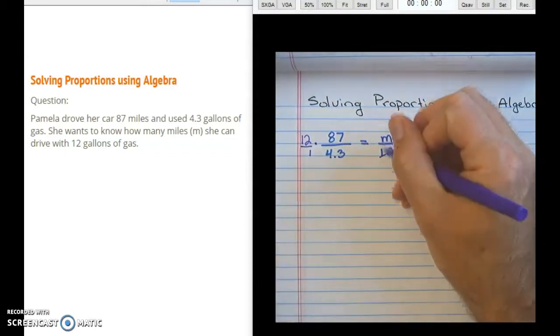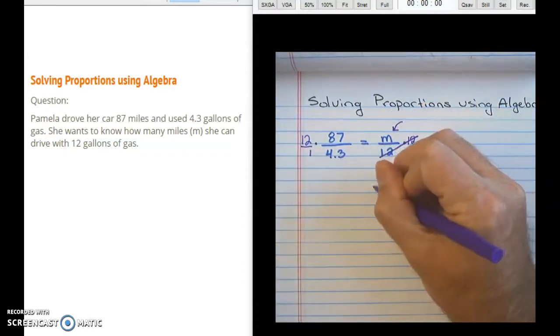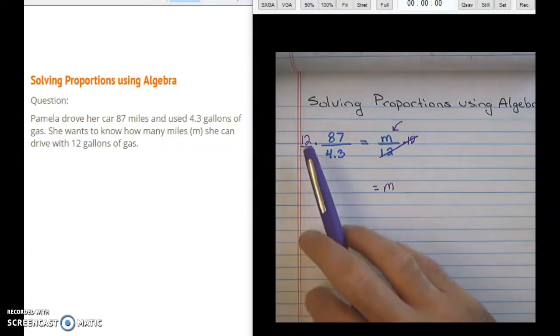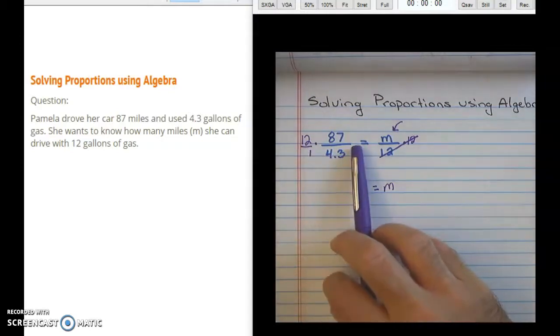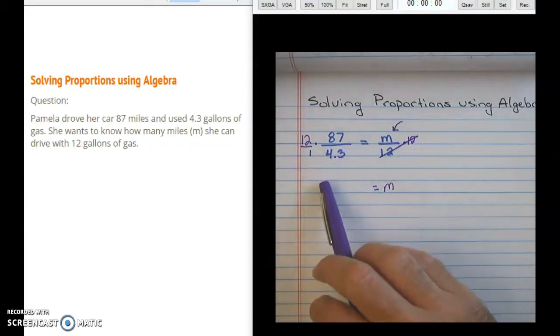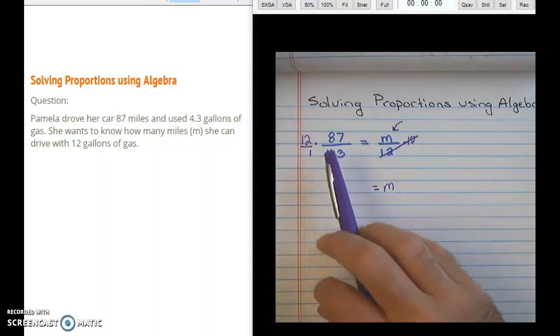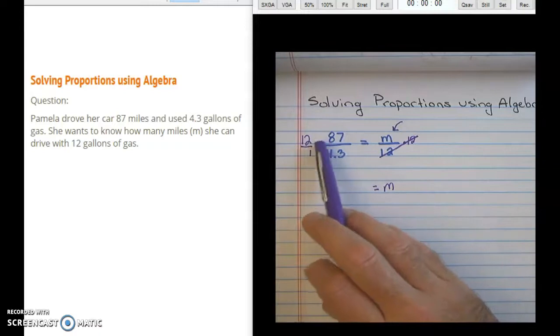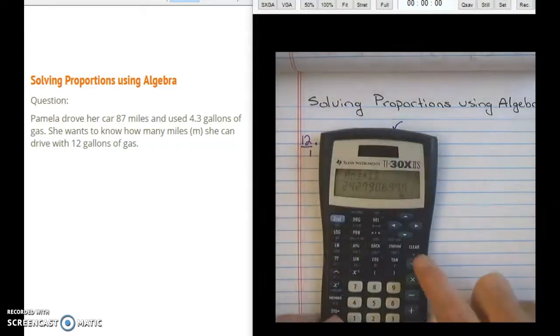At this point, on the right-hand side, m is by itself. On the left-hand side is a little different; we still have some math we can do. It says 12 times 87 divided by 4.3. You could do 87 divided by 4.3 first on a calculator and then times 12, or you could take 12, multiply it by 87, then divide by 4.3. Either one will work.